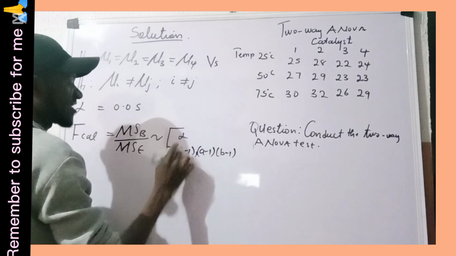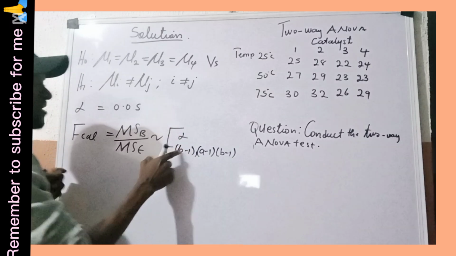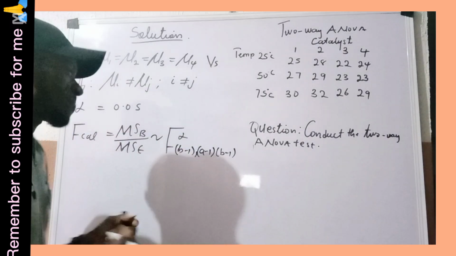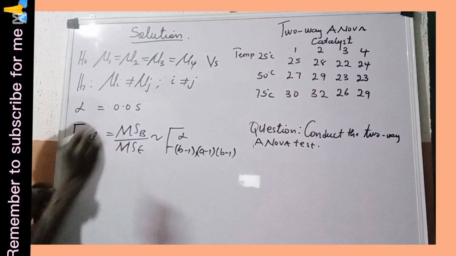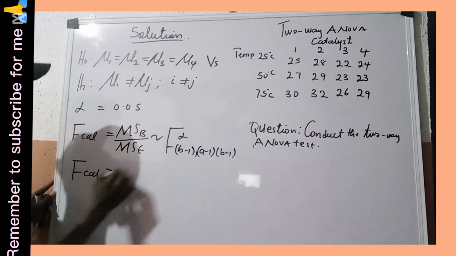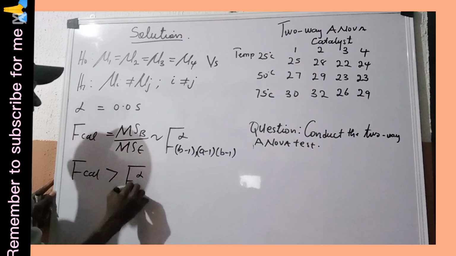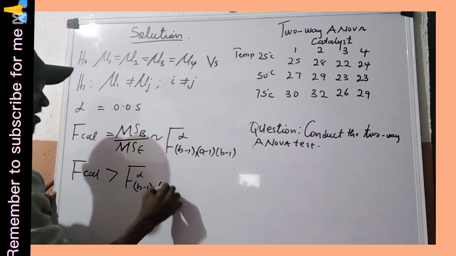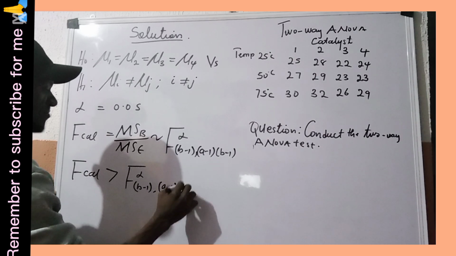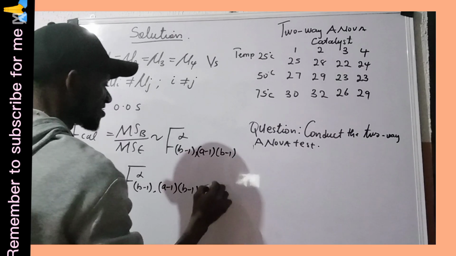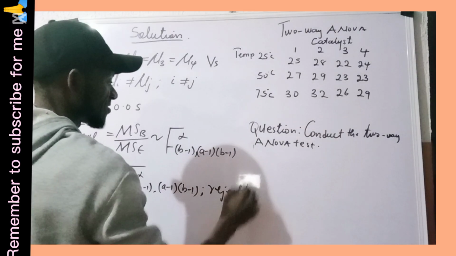Do remember that in the first one we had A minus 1, and here we are talking about B minus 1. Then our critical region becomes: if F cal is greater than F alpha with B minus 1 and (A minus 1)(B minus 1), we reject H0.